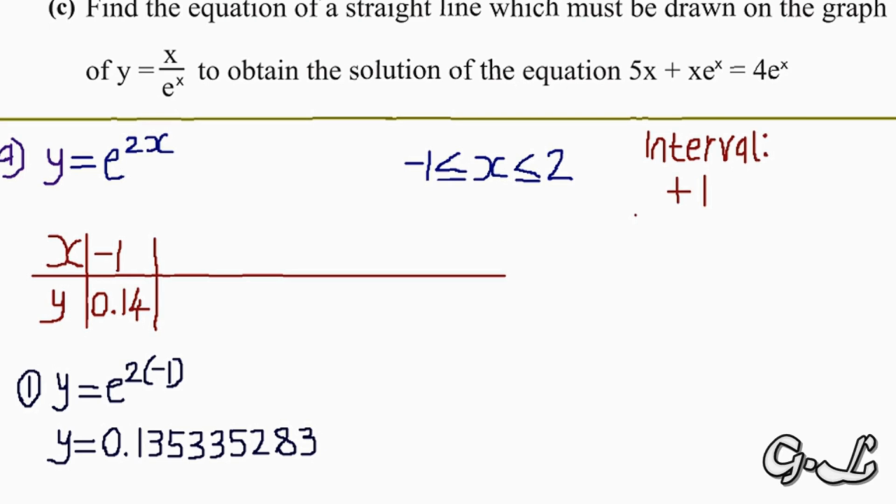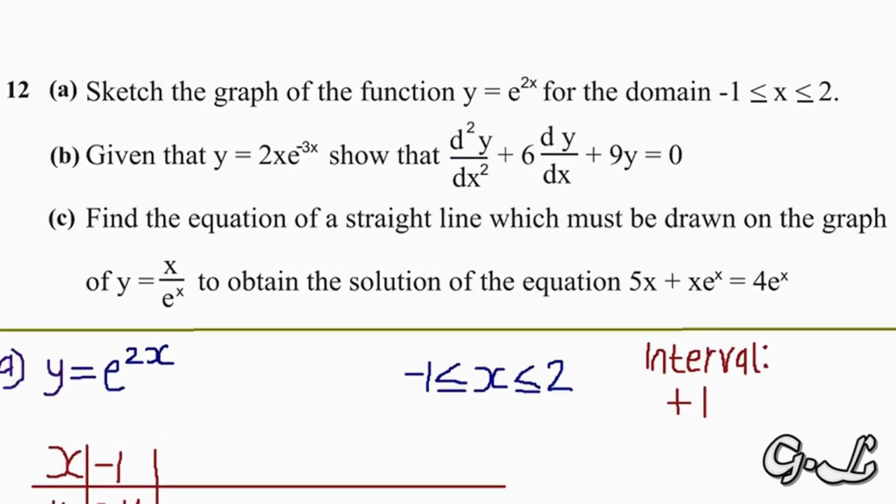It can be 0.2, it can be 0.5, or any interval, but it should be less than or equal to 1. It depends on the domain that you are given. First check the domain that you are given, and then you can determine the suitable interval that you would like.